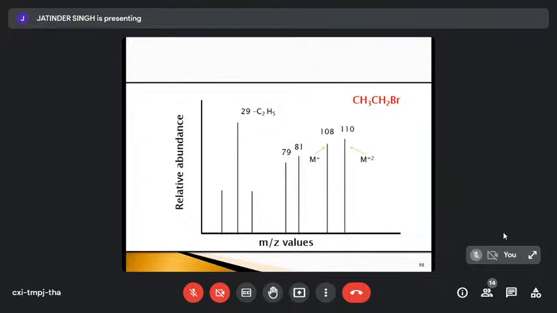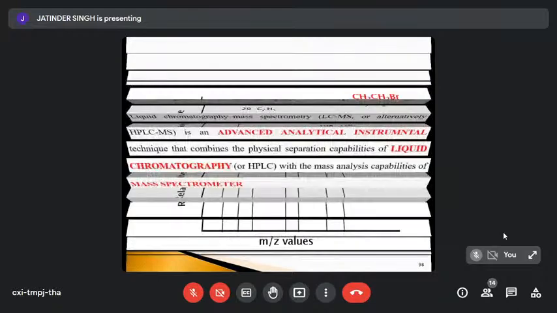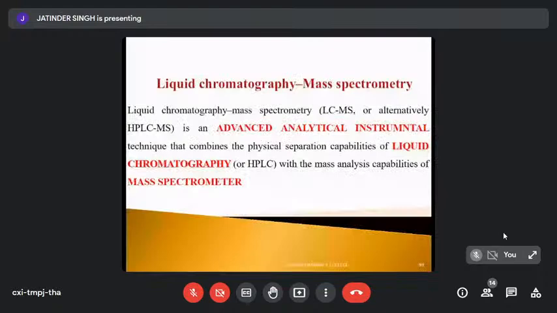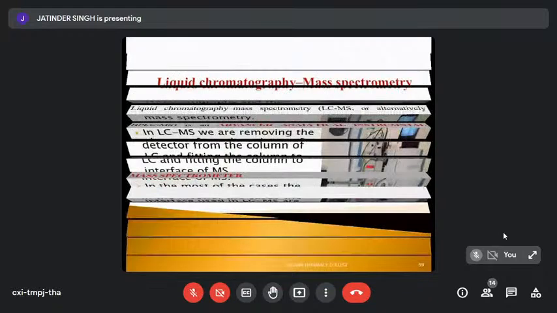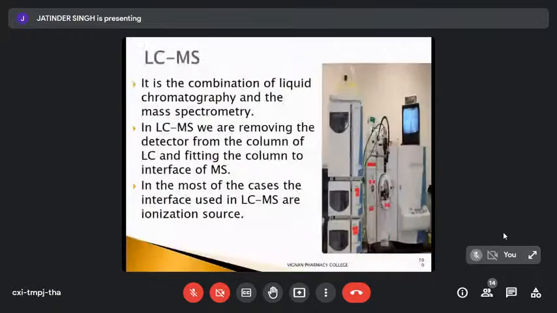Depending on their abundance, you can see the concentration values. So these two techniques are combined together, and these are known as liquid chromatography mass spectrometry.